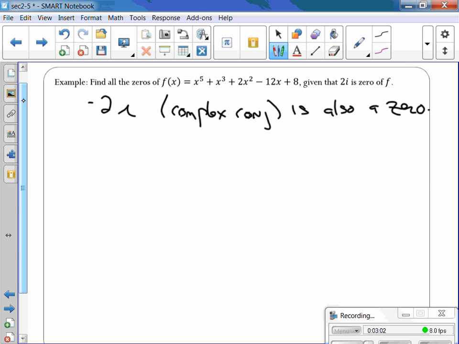Use synthetic division. Bring down that polynomial to a lesser degree. Keep on going until I hit x squared, and then I can factor that or use my quadratic formula. So in this case, we have 2i is a zero. And what are my coefficients? 1, 0.